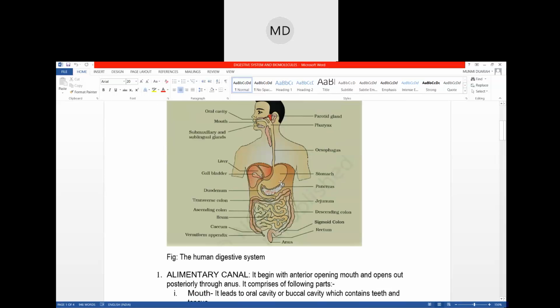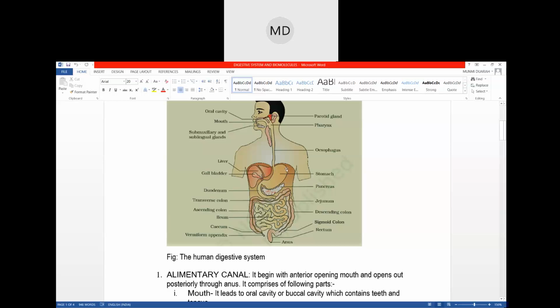So see, normally people say this is the stomach, right? On top of, below your chest, this portion is the stomach. But scientifically it is not true. The stomach is this little bag inside that. The whole portion is not called the stomach.